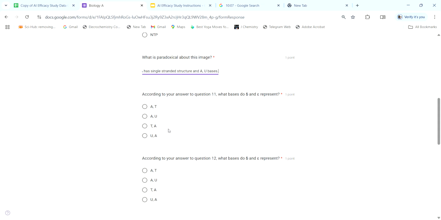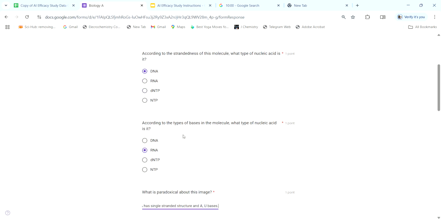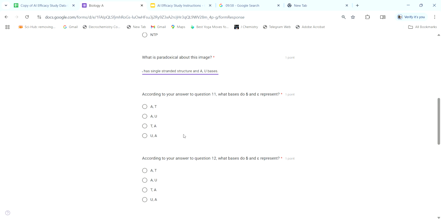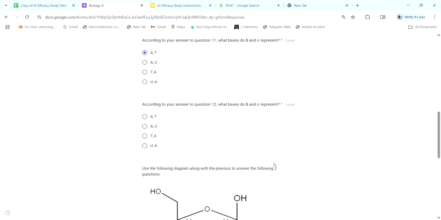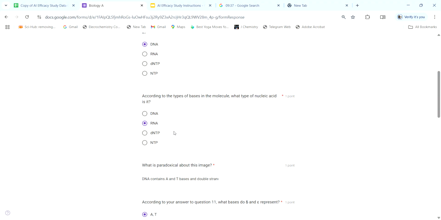Question 11 means that it is DNA, so DNA remains adenine and thymine. According to your answer to question 12, what bases do delta and epsilon represent? Question 12 means the answer is RNA, so in RNA it remains adenine and uracil. Okay.